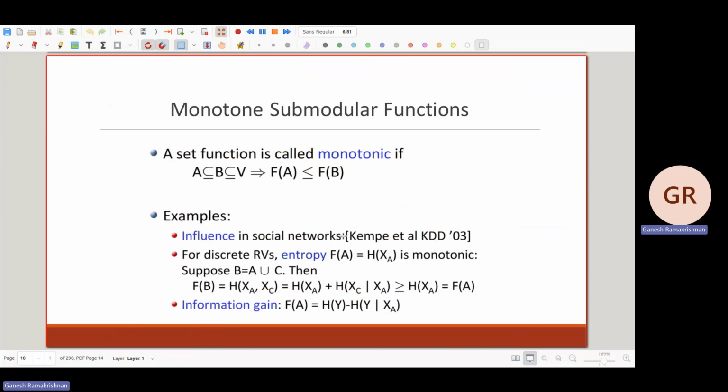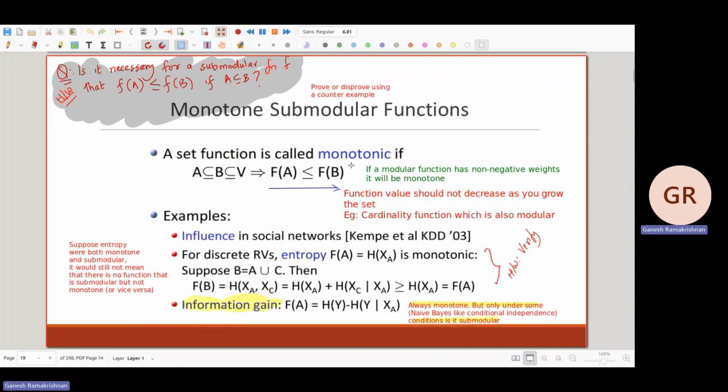Under the naive Bayes assumption, this turns out to be monotone submodular. In fact, information gain is always monotone, but only under certain conditions, like I said, naive Bayes, is it submodular. So information gain is always monotone, but under naive Bayes, it's also submodular. Okay.